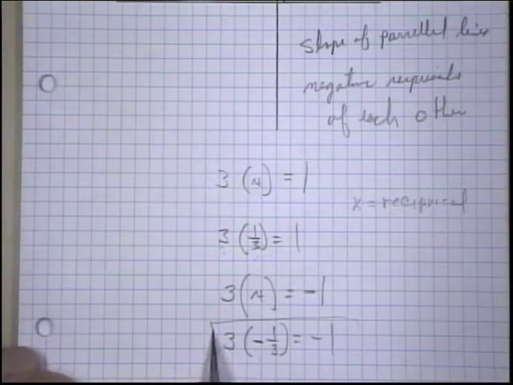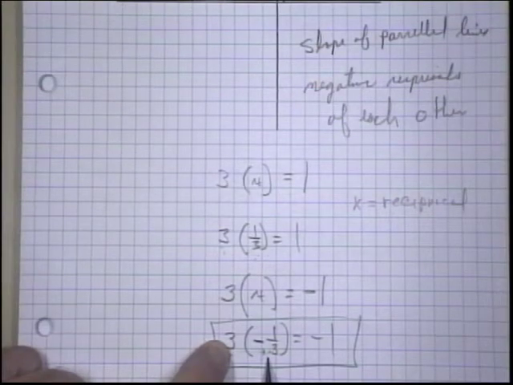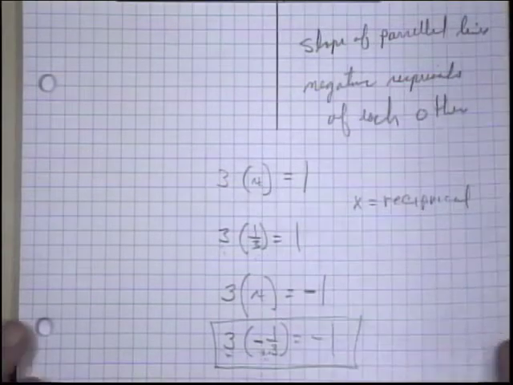Lines with slopes of 3 and -1/3 would intersect. If you had a line that had a slope of 3 and another line that had a slope of -1/3, those lines would intersect. Let's look at this.